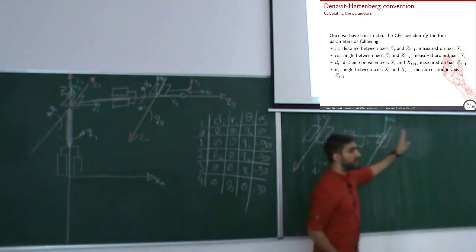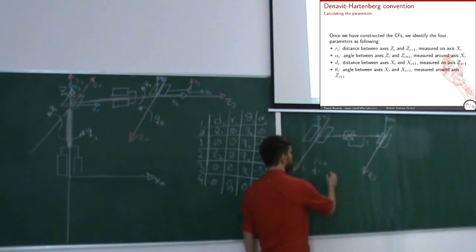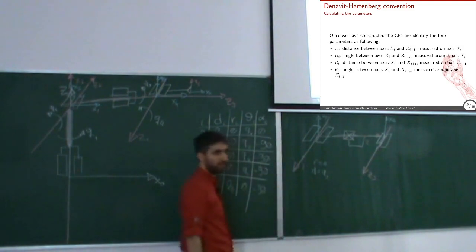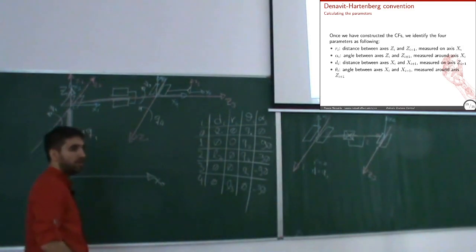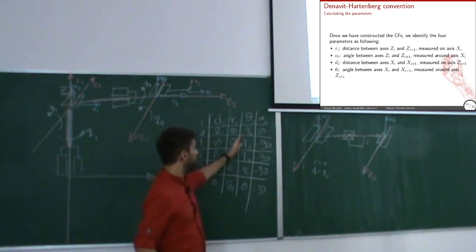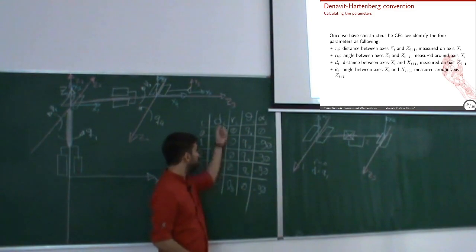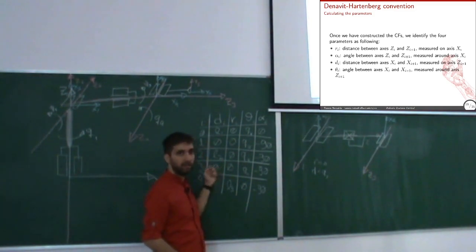Okay, and this distance depends on this variable here, how much it's extended. So this is going to be Q3 or whatever. Okay? So when we have revolute joints, theta will be the variable of the joint. When I have prismatic, D will be the variable of the joint.